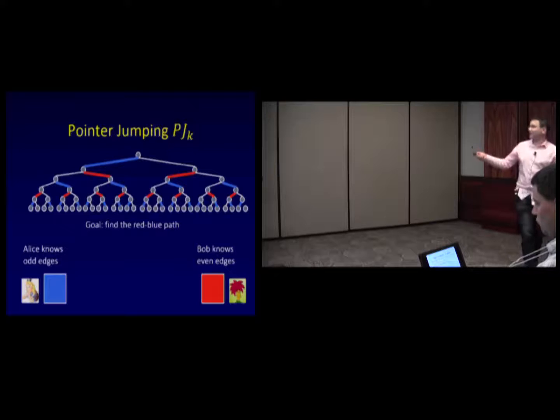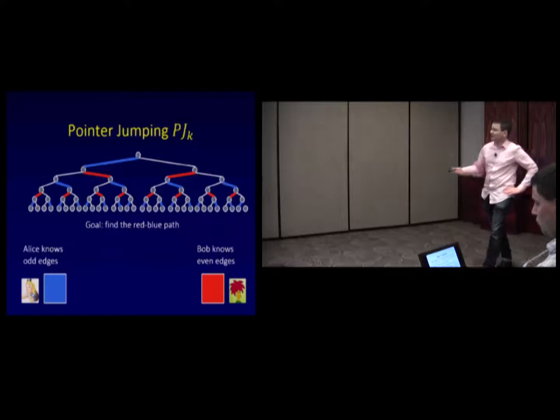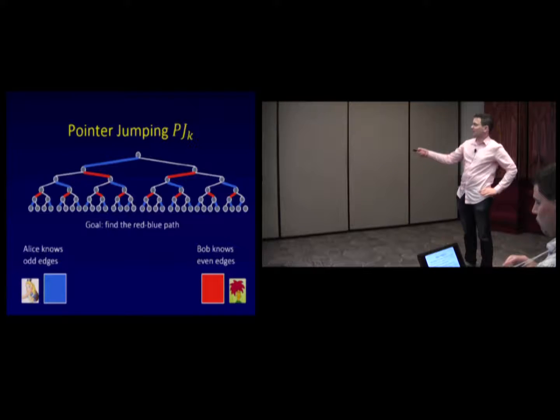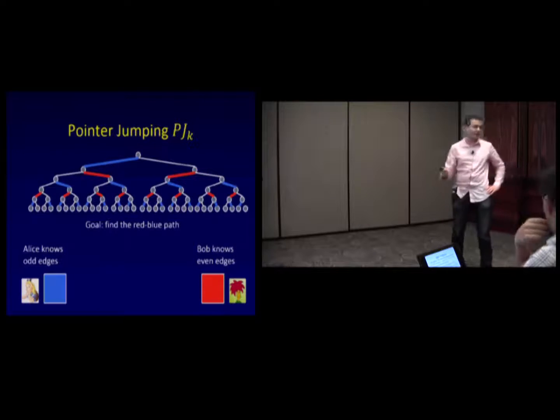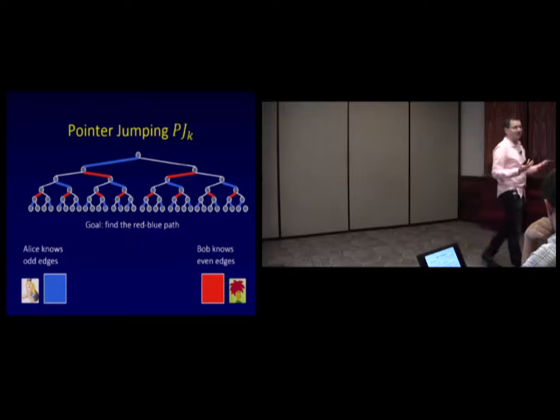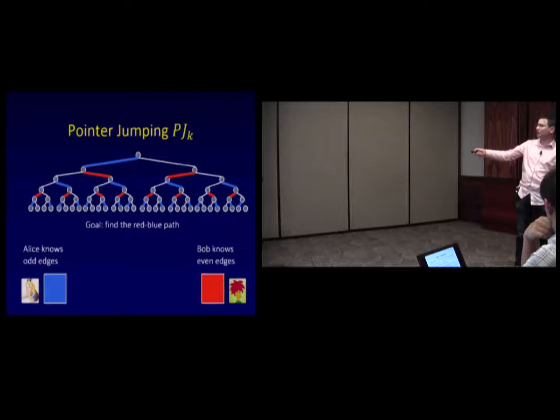So basically, officially, formally, the problem is like this. You have a tree of depth k. For each odd layer and for each node, Alice has one of these 2 edges labeled in blue, and for each even layer, Bob has one of these edges labeled in red. This corresponds to: if this edge is red, it means that if Alice says 0, then Bob will want to say 1.